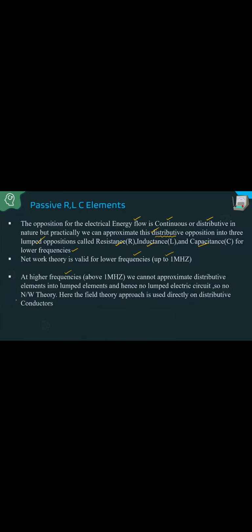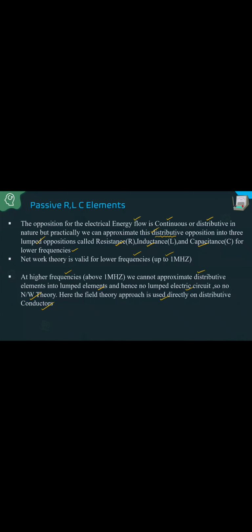At higher frequencies, above 1 megahertz, we cannot approximate distributive elements into lumped elements, and hence there is no lumped electric circuit. There is no network theory. Here, the field theory approach is used directly on distributive conductors. If it is lumped conductors or lumped approximation, then you apply network theory. If it is distributive conductors, then you apply the field theory approach.